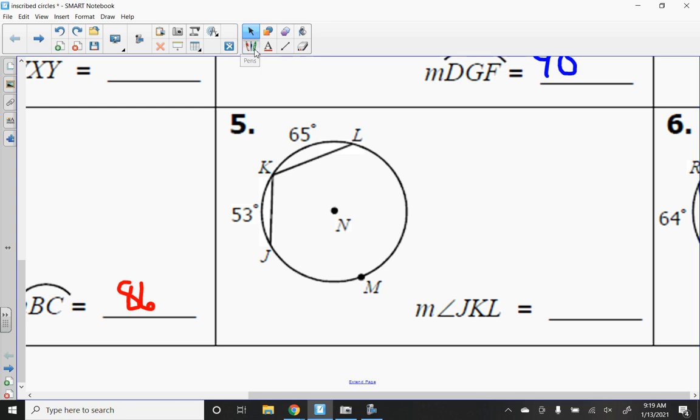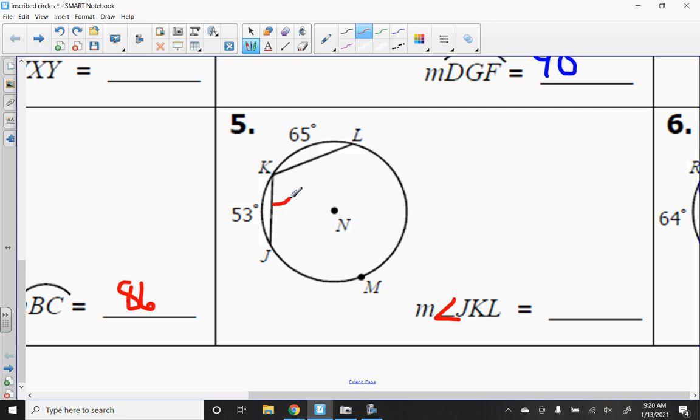All right. So things I want you to pay attention to here is you have no diameter, so you cannot think 180. So here you're going to have to use the whole circle. The whole circle is 360. So let's pay attention to what it wants us to find. It wants us to find JKL, and that's an angle. How do I know it's an angle? Because it has the angle marking here.